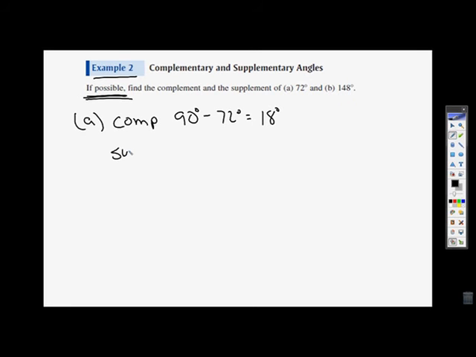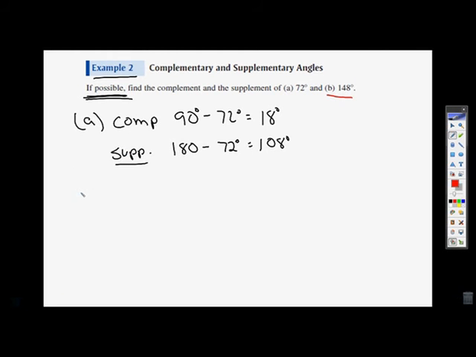For supplements, it's 180 degrees minus the given angle. 180 minus the given 72 is 108 degrees. 108 and 72 are supplements.